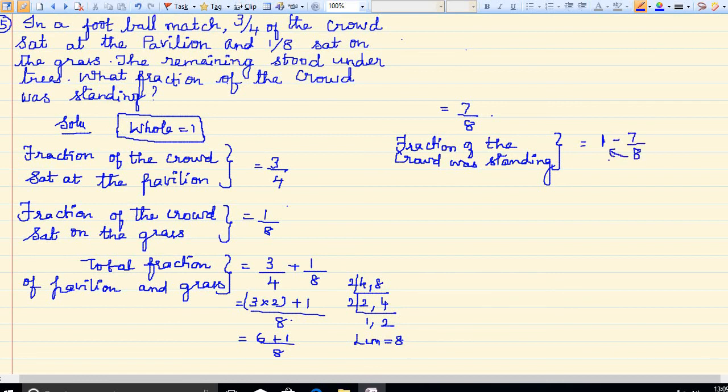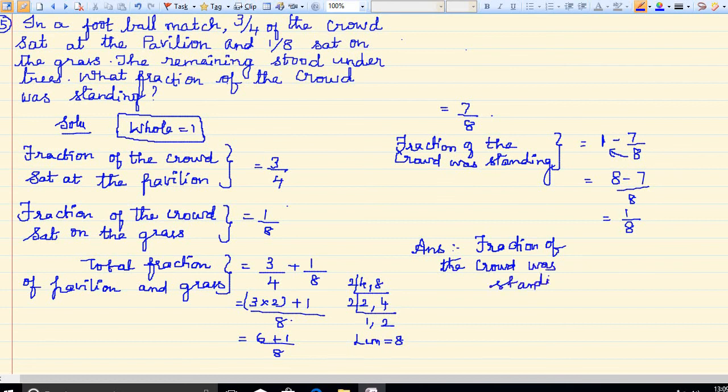So here also take the LCM. So 8 minus 7/8 is equal to 1/8. Now write the answer for this. Fraction of the crowd was standing is equal to 1/8.